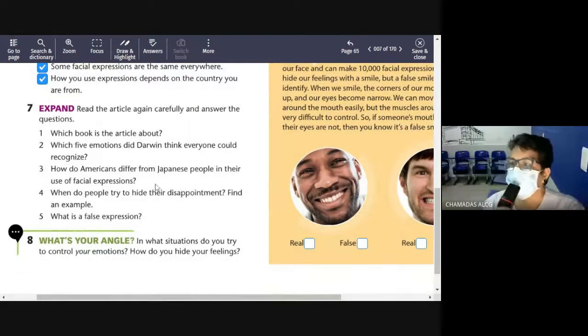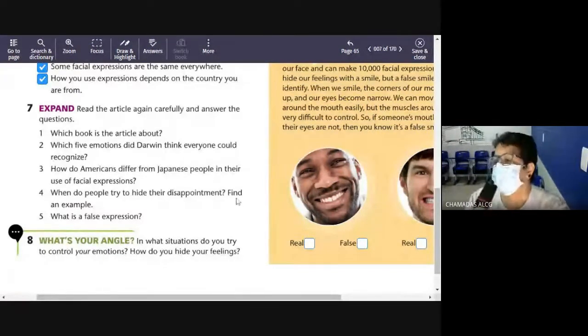So now, this time, we should read paying more attention, okay? So let's see the questions first. Question number one, which book is the article about? Question two, which five emotions did Darwin think everyone could recognize? Number three, how do Americans differ from Japanese people in their use of facial expressions?